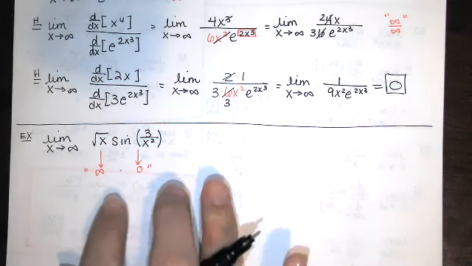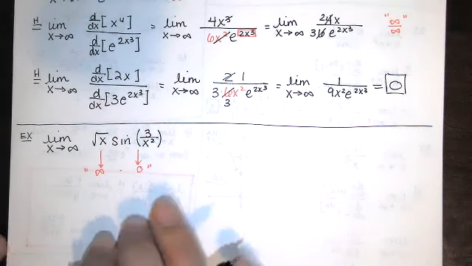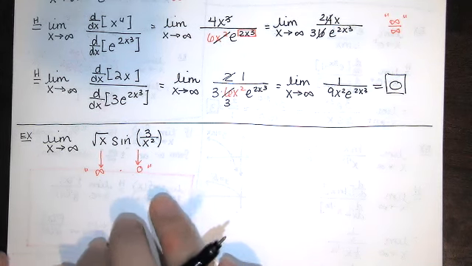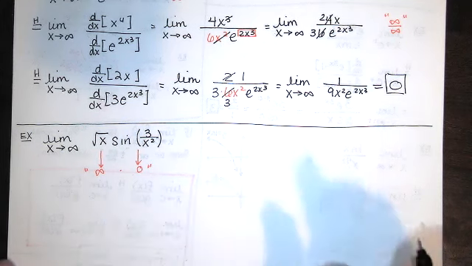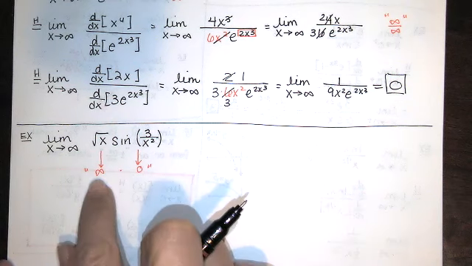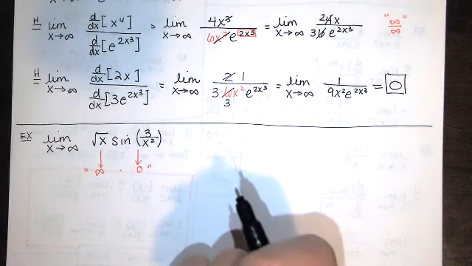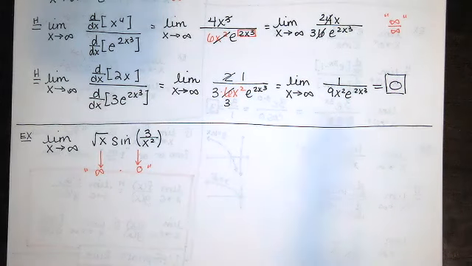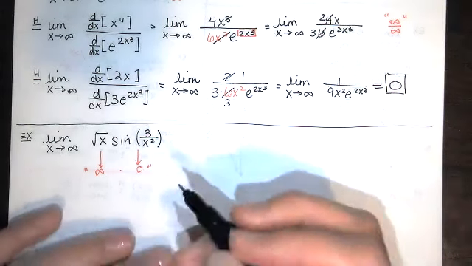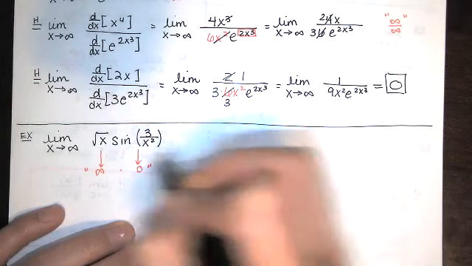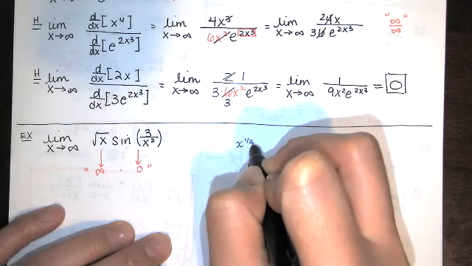Now there are 2 different ways that we can rewrite this so that L'Hopital's Rule applies. And we have to rewrite it so that L'Hopital's Rule applies. We can't conclude anything when we have an indeterminate form. All an indeterminate form tells us is that we have more work to do. So here are your options. You can either say, well, first let's write that as x to the 1/2.